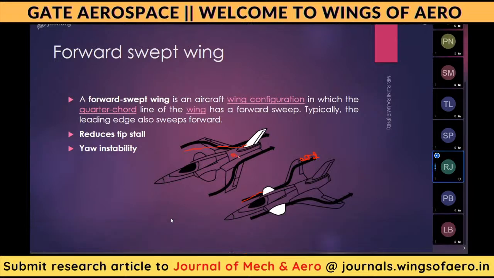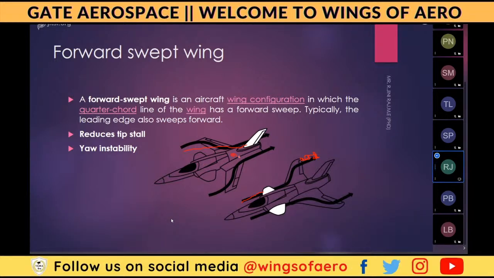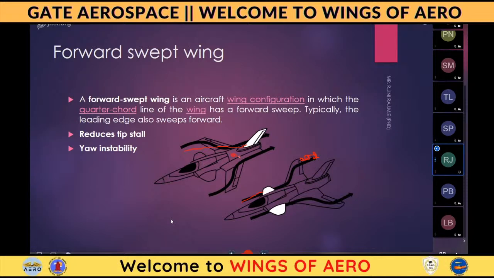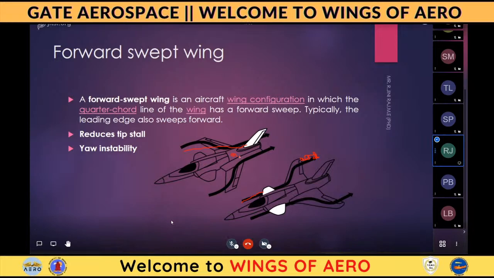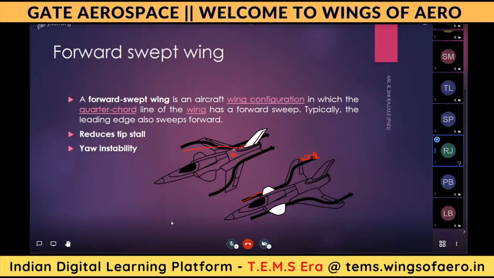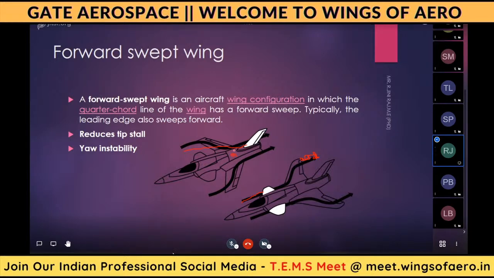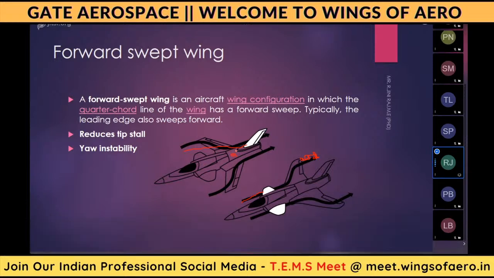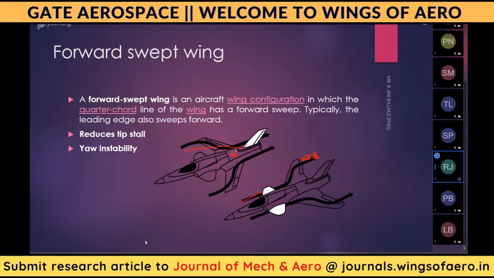So the main advantages are it reduces tip stall, but one of the disadvantages of forward swept wing is the yaw instability. It produces adverse yaw in a reverse manner. That's one of the disadvantages of forward swept wing.